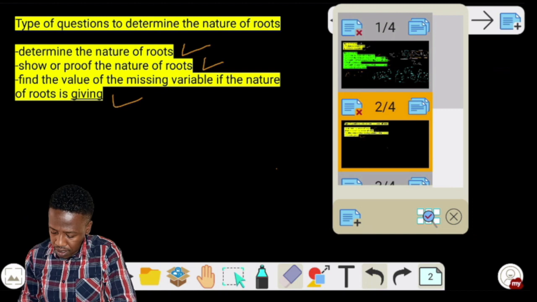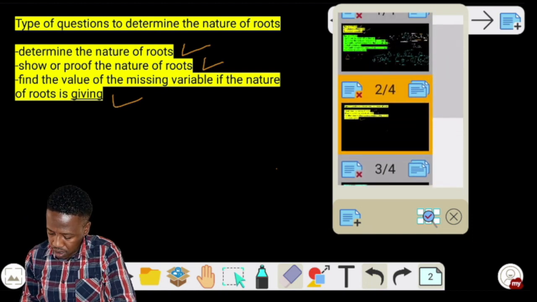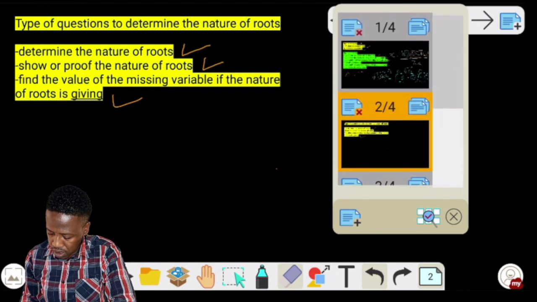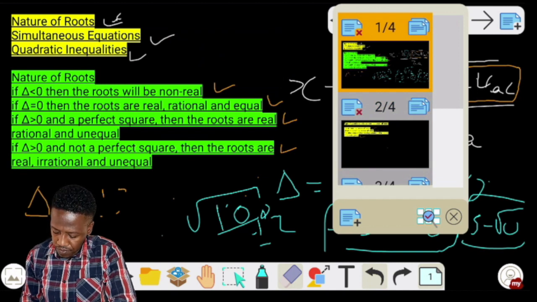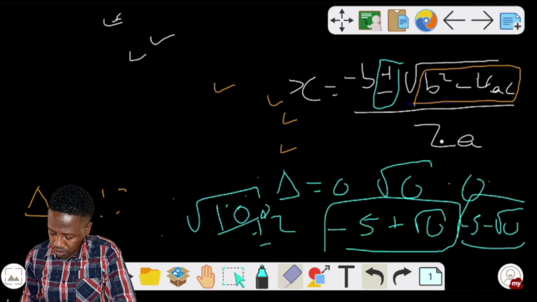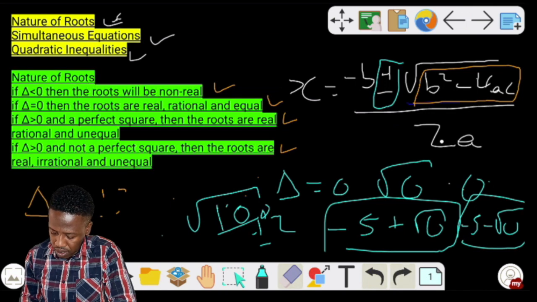The next part is simultaneous equations.